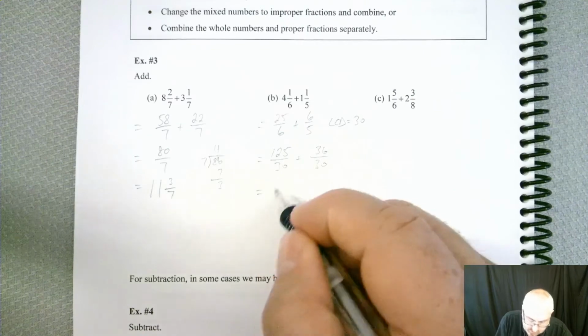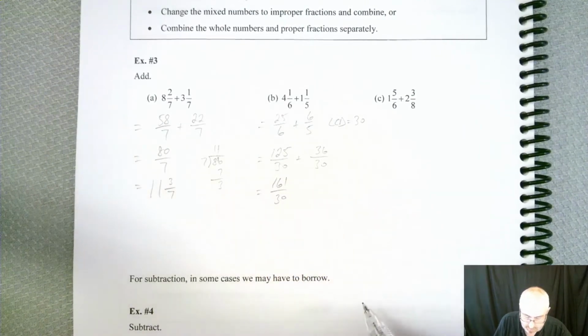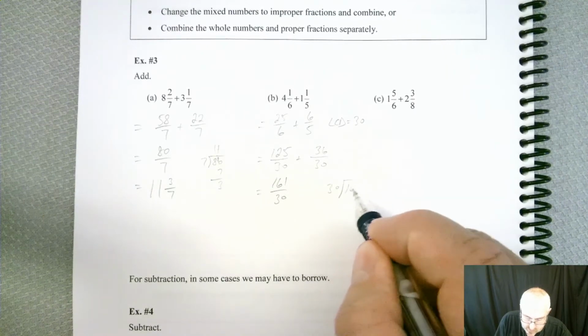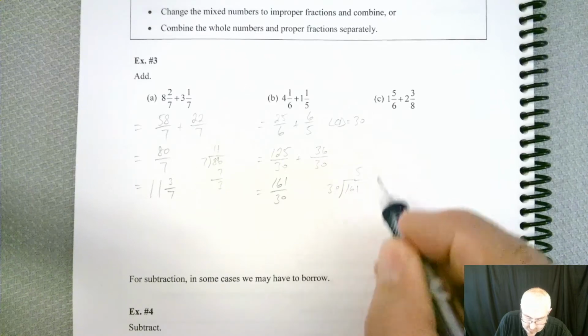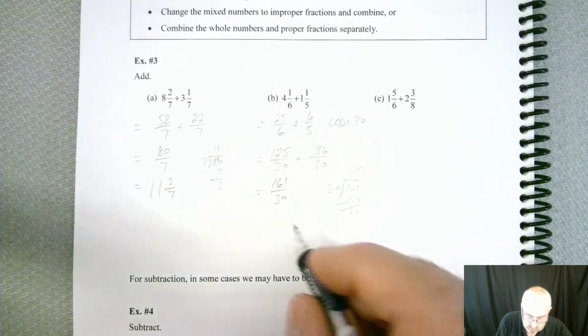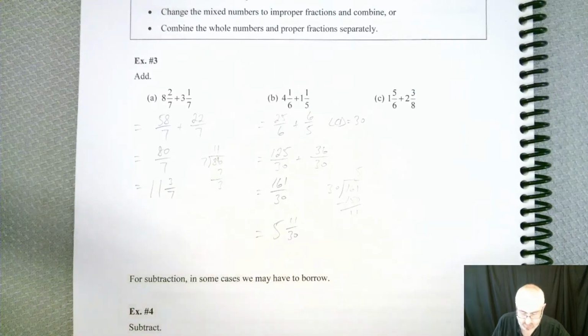So it looks like 161 over 30. Well, 30 goes into 161 5 times with 11 left over. So we got 5 and 11/30ths.